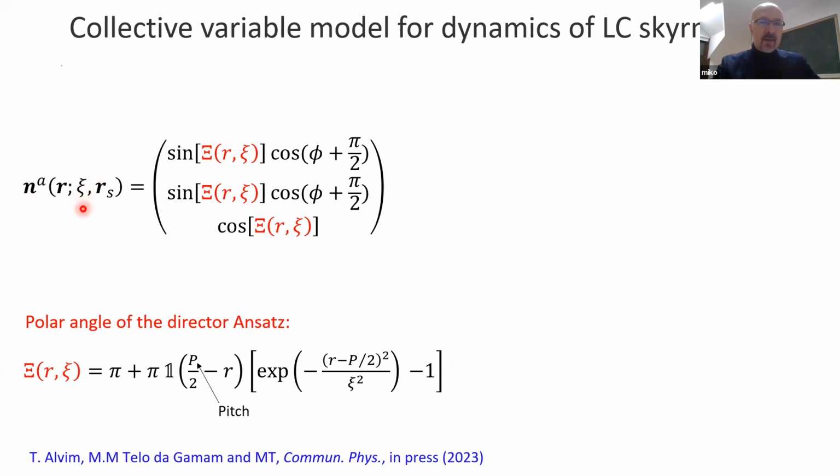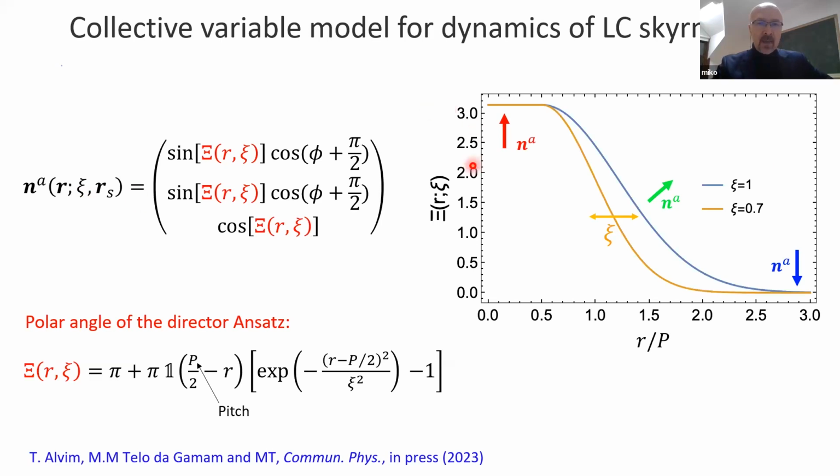Psi will be the width of the twist wall around the skyrmion core. In this right panel, I depict the polar angle psi, which characterizes the director field of this axially symmetric skyrmion. So the director field is parameterized by this one angle psi, which depends on the distance r from the skyrmion center, where 0 corresponds to the skyrmion center.